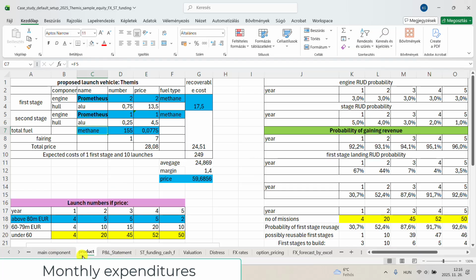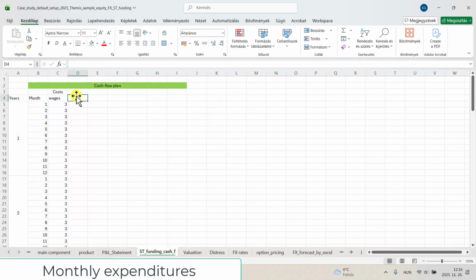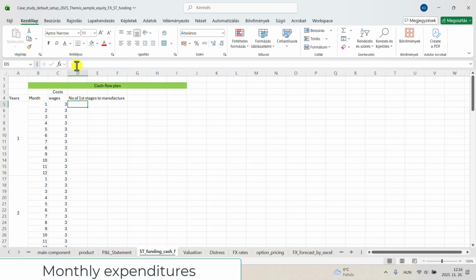So first, let's create the program for defining the number of first stages to manufacture, and then there will be a number of second stages to manufacture.